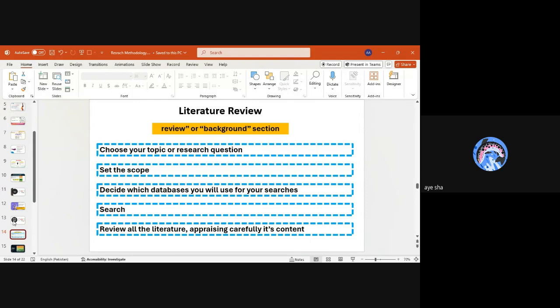You can take any area, but the main crux or the main idea should be the same. Okay, now keep in mind whether whatever you are reviewing and citing is justifying your research problem, your research question.